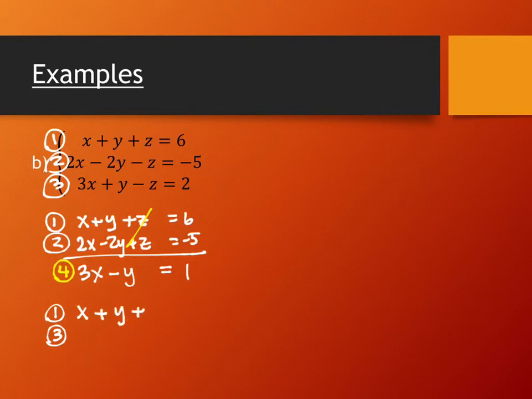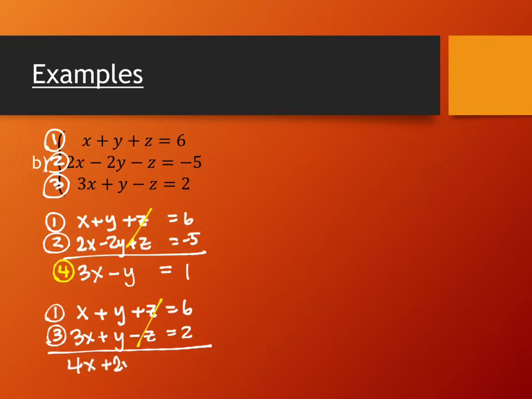X plus y plus z equals 6, and 3x plus y minus z equals 2. So once again, the z's add to 0. I have 4x plus 2y equals 8. We can call that equation 5 and leave it there if you wish.